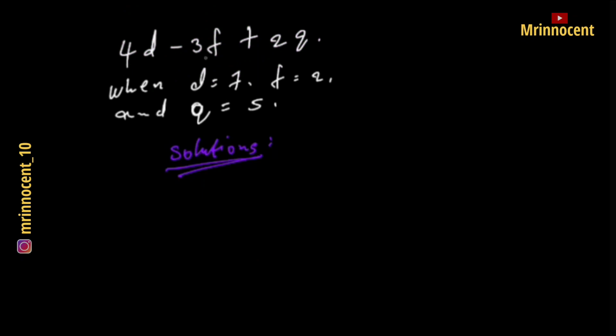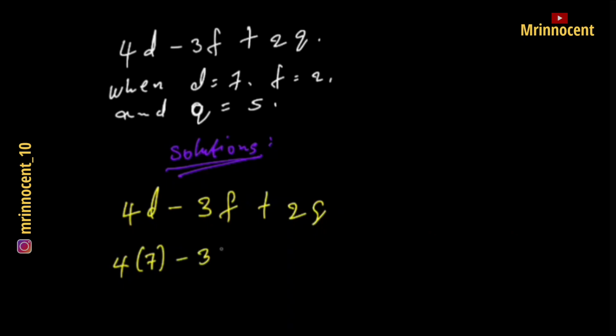4d - 3f + 2q when d equals 7, f equals 2, and q equals 5. Solution. So you have 4d - 3f + 2q. So your d equals 7, minus 3, your f is 2, plus 2, your q equals 5.